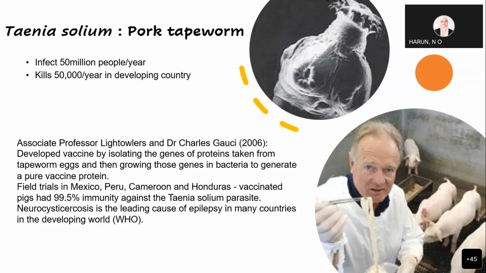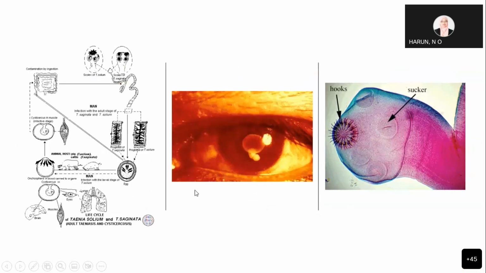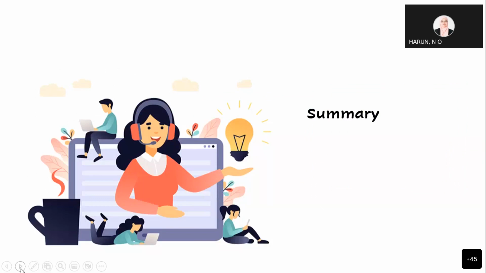So it is still there even though vaccinated against, but somehow these tapeworms, maybe they are really smart, they will start to adapt based on the environment because they want to survive. Okay, if it goes to the eye, as you can see here, they have the hooks and the sucker at the same time. It's very dangerous. Make sure that when you go swimming, no matter in fresh water or river water, make sure that you wear a glove.